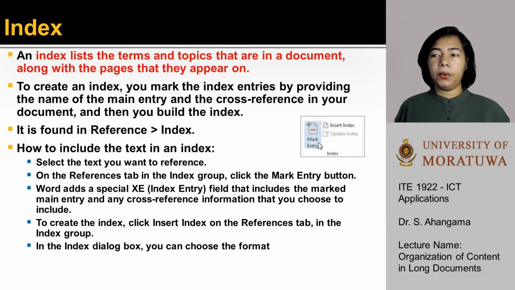So how to include the text in an index? First, select the text you want to add the reference. On the reference tab in the index group, click the mark entry button as you can see here.